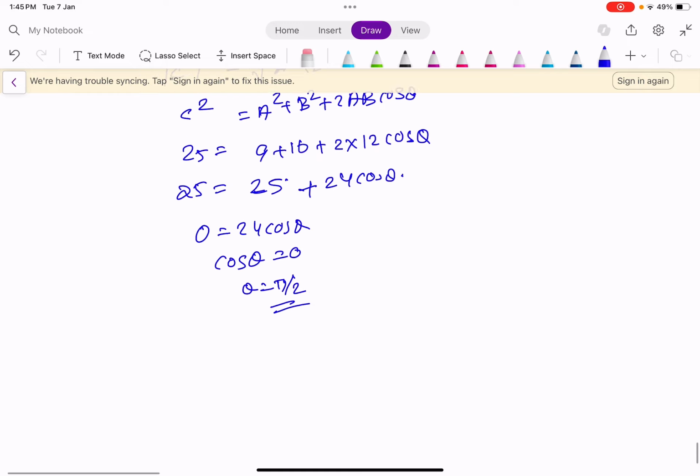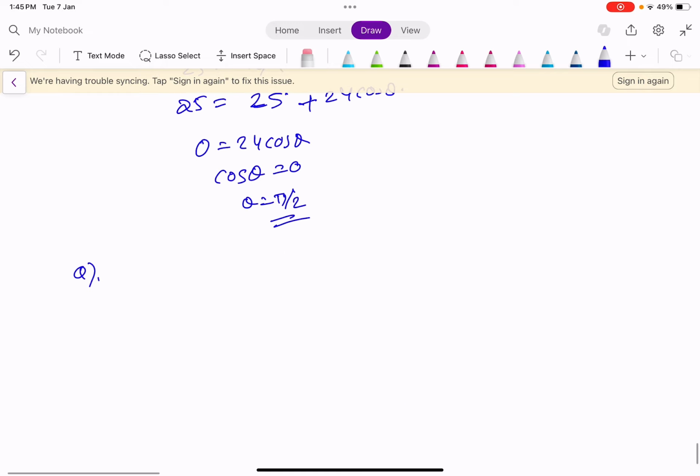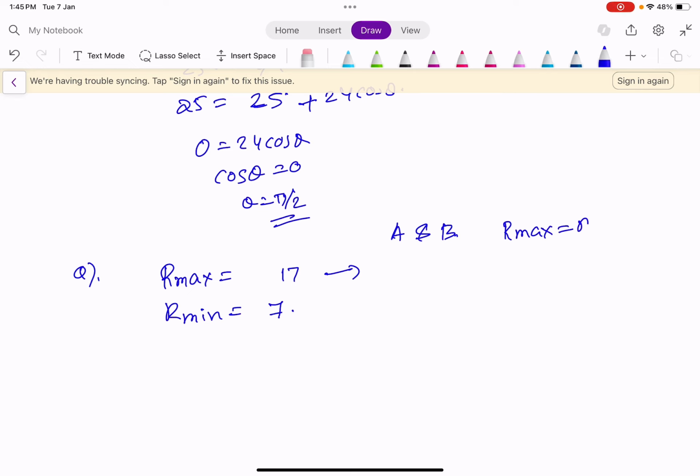Now another question we can see. The maximum and minimum of the resultant of two vectors are given. Resultant maximum is given as 17 and resultant minimum is 7. That means we know if A and B are two vectors, then the resultant maximum is A plus B, as I told you before, and the minimum is A minus B. This is what they gave.